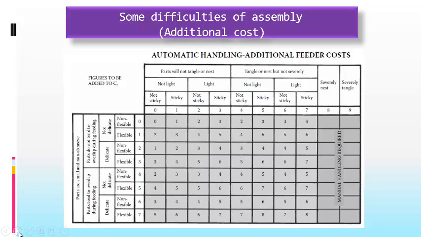And here he tried to calculate the extra cost, and he said that parts can be sticky, delicate, tangled, and so on. And he put some cost for those parts.